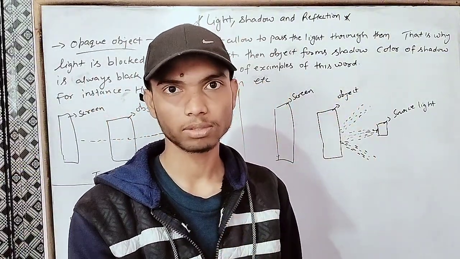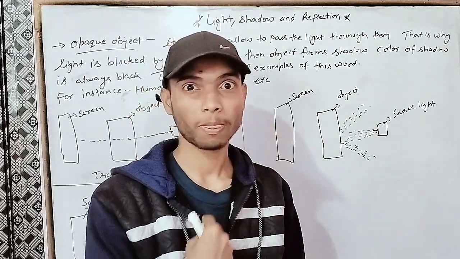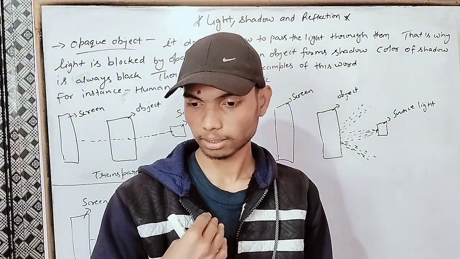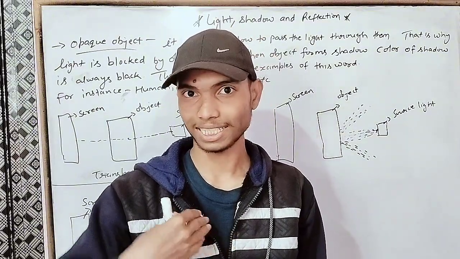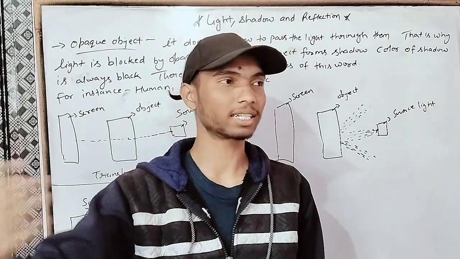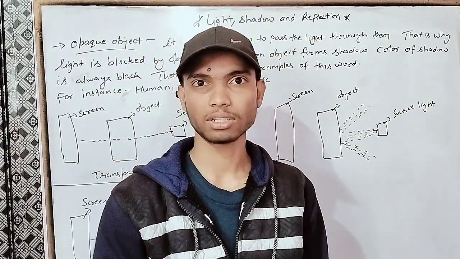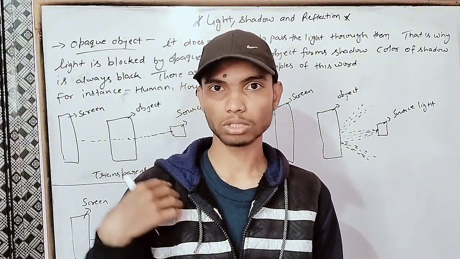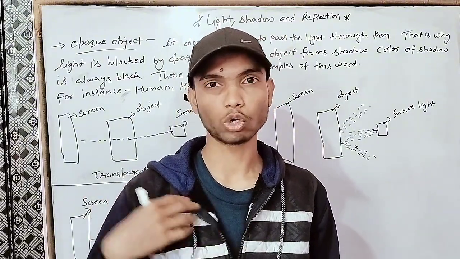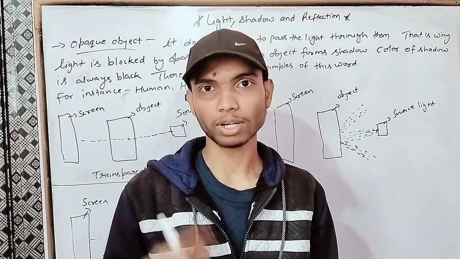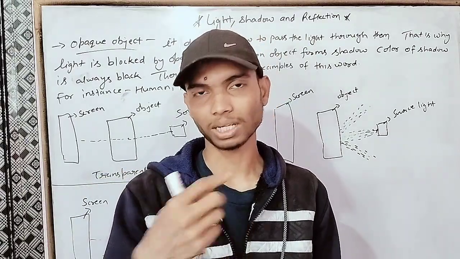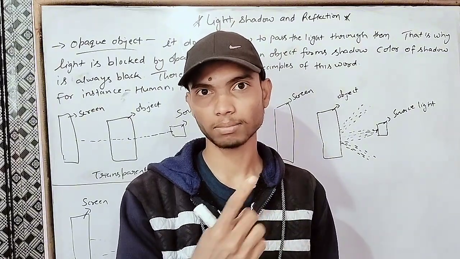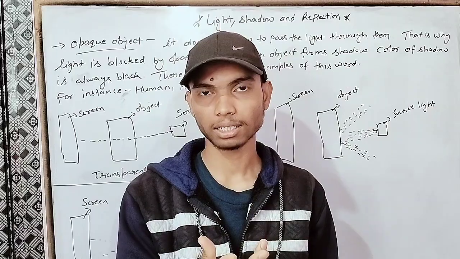Light is coming from somewhere, and after hitting the surface of me, it is turning into another direction. This direction, this direction, anywhere. But it is not going through me, crossing through me, because I am opaque. I am not allowing the light to pass. That's why I am blocking the light.